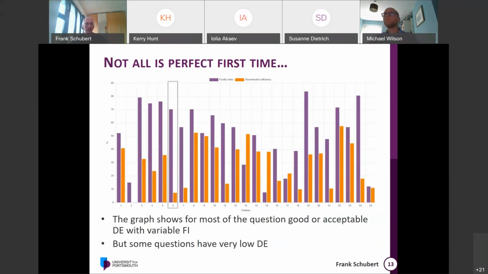So this shows that even though the examples I showed you were the good ones, where the discrimination index was very high, overall there are some questions where the discriminative efficiency and also the discrimination index was low. So I would like to go to one of those as an example of what something that goes wrong could look like.